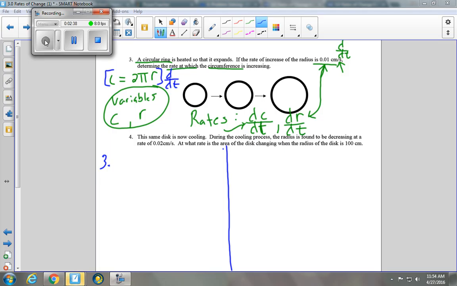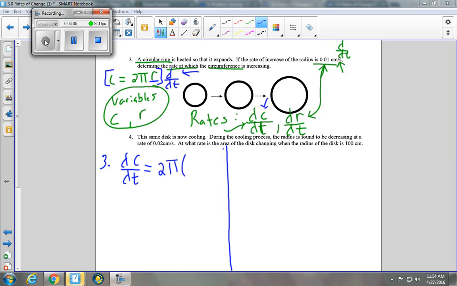Now if we do that, we take the derivative of that equation up there, that's going to turn into dc over dt, which is the one we want, right? That's the one we're after. And that's going to be equal to, now if we take the derivative of this, that's going to be 2 pi, and just 2 pi, right?